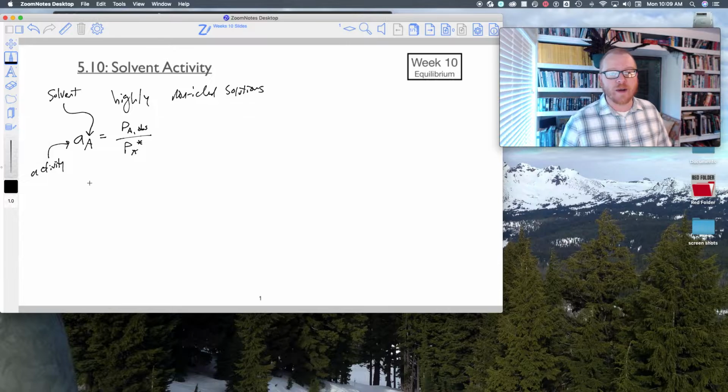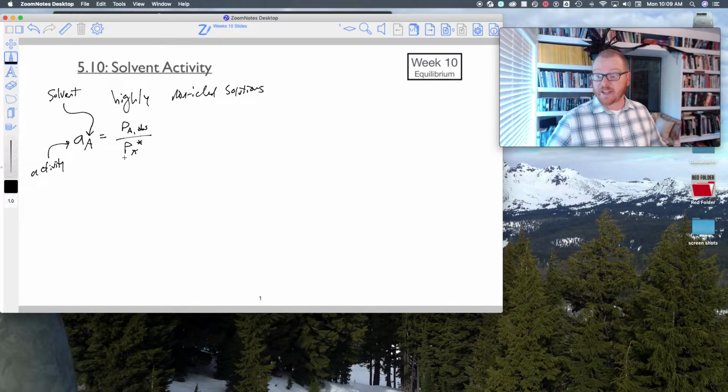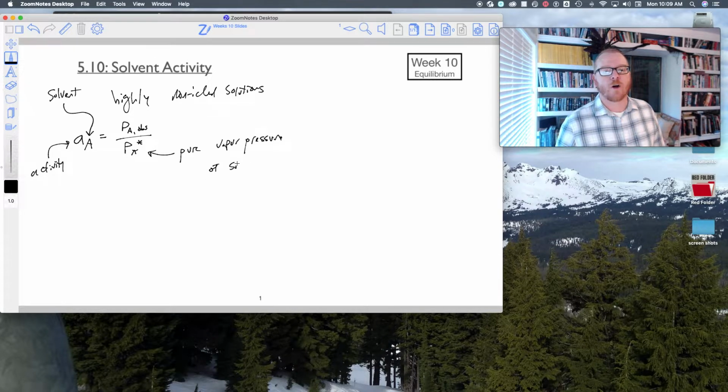Really we're saying this is solvent activity, but we recognize that this is the solvent activity of A in a solution. Okay? So this would be the pure vapor pressure of the solvent, and this is the measured vapor pressure of the solution.